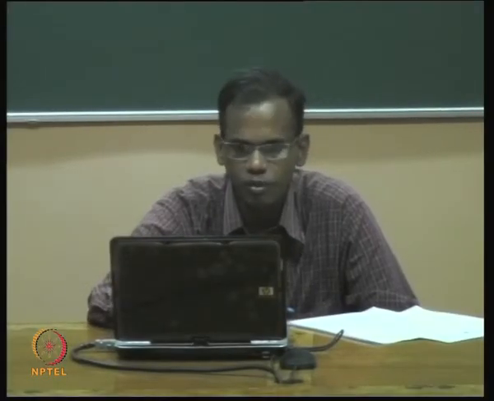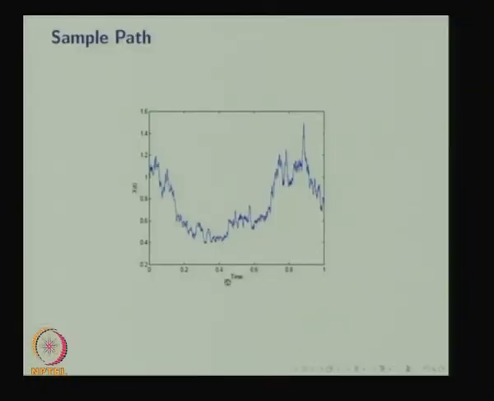We can see the sample path over time. The range of X t is from 0 to infinity, and you can see the continuous functions. You know that the sample path of W t is a continuous function, and X t, the geometric Brownian motion, is also a continuous function because it is of the form X naught times e power W of t.